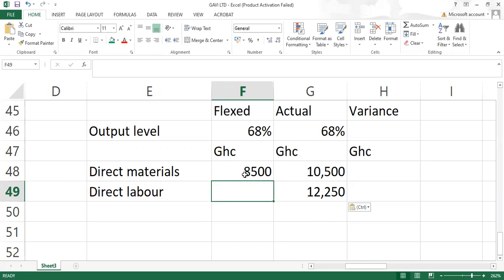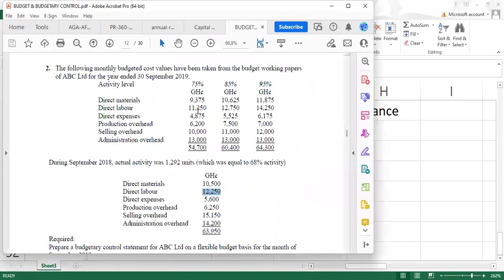What is the actual activity level now? It's 68%. So if 1% is 125, how much will be for 68%? So what figure are you getting for the direct labor per percent? 150 per percent. Yes. So go ahead and do that test and see. Multiply by each activity level at the top there and see whether the costs are the same.